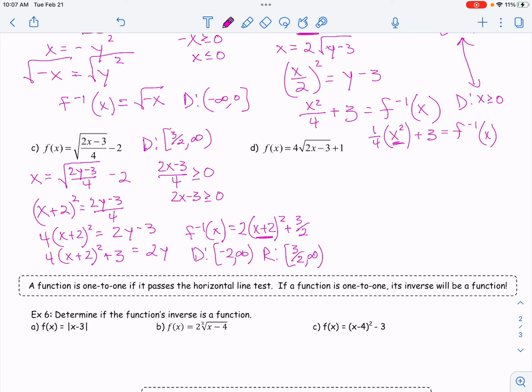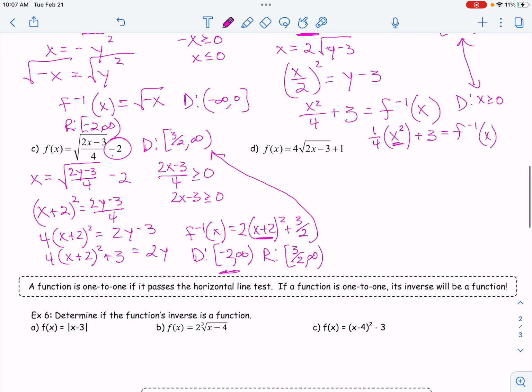And you can see that is the inverse of that domain. The range for this one is going to be from -2 to positive infinity because of this. And you can see that the domain and the range are inverses.